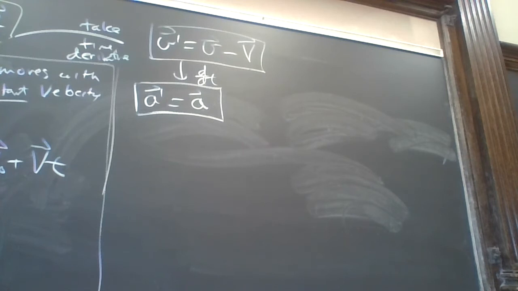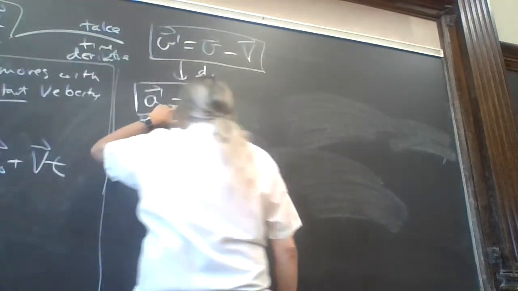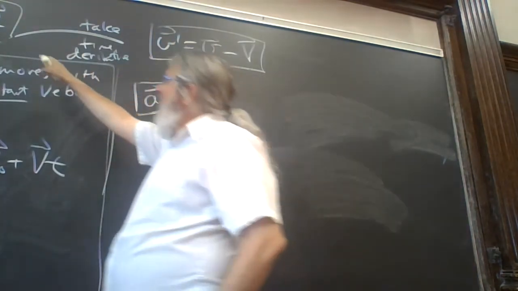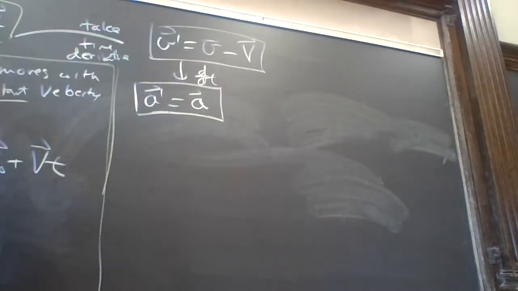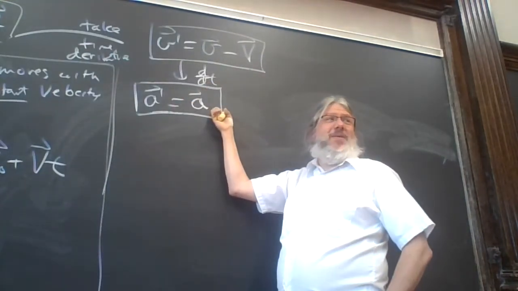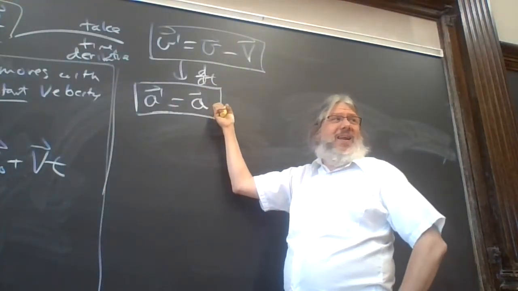And technically, when I have a set of rules that define how you go from one set of coordinates to another set of coordinates, this set of rules is called a transform. So what I'm showing here, remember I told you I'm doing a little bit of hand waving, not quite so formal as all that, is that the acceleration is invariant under what we call the classical or Galilean transform.